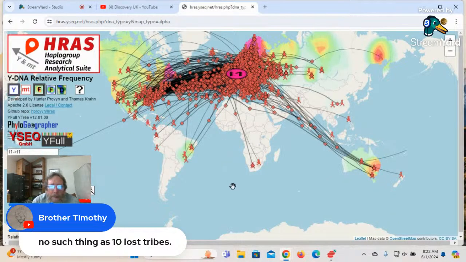Okay, if we can get it to center, and then we can go back in time, find out when they arrived in America, which is, I don't know, maybe the computer's slowing down. Sometimes it gets bogged down.